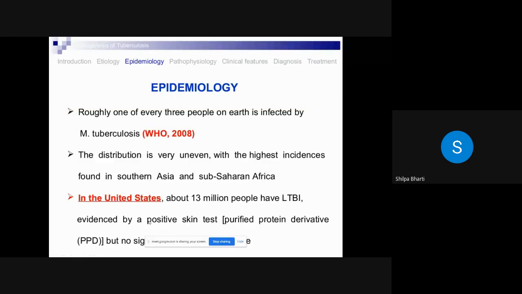And you know about this fact of TB, that it is the oldest communicable disease or infectious disease है, and one of the reasons that we are not able to eradicate this disease completely is, of course, the socio-economic status of our country, because it is not present in the developed countries.